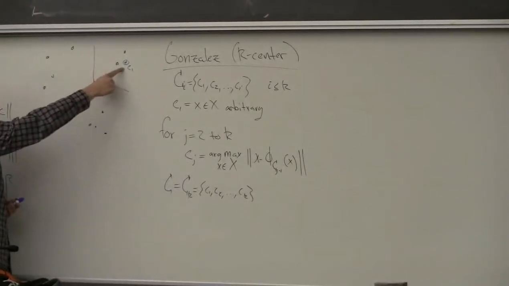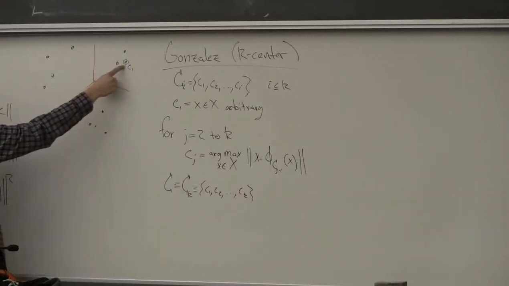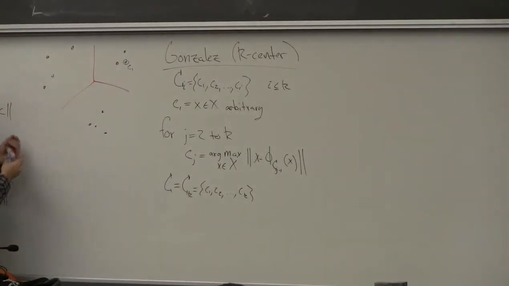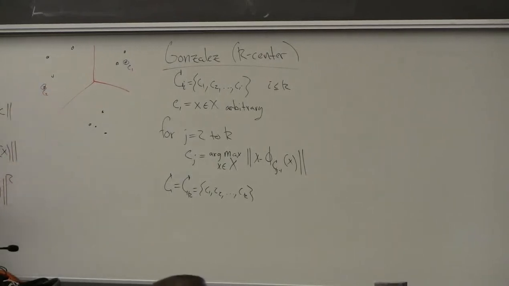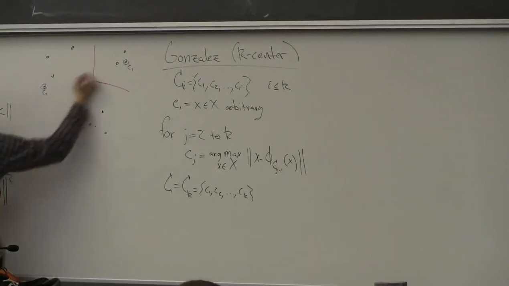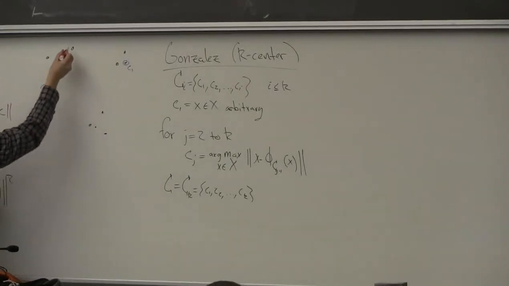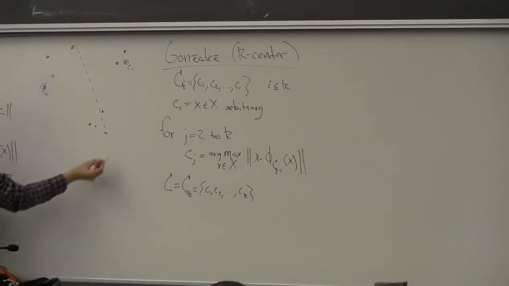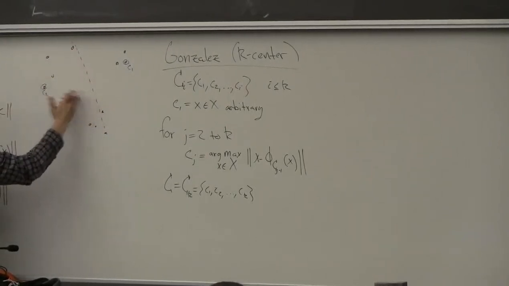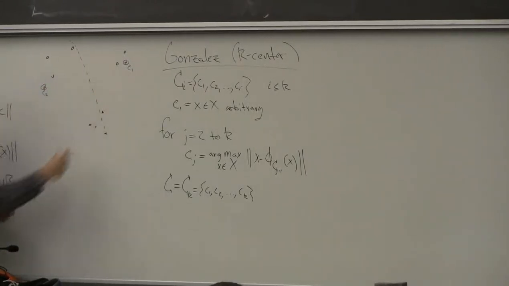Everything is assigned to this center because it's the only center I have, so I'm picking the furthest away point from here. That's this point, and it becomes C2. Now I have these Voronoi lines: I can draw a Voronoi edge between these two, and all the points on this side are in this cluster, all the points on this side are in the other cluster.